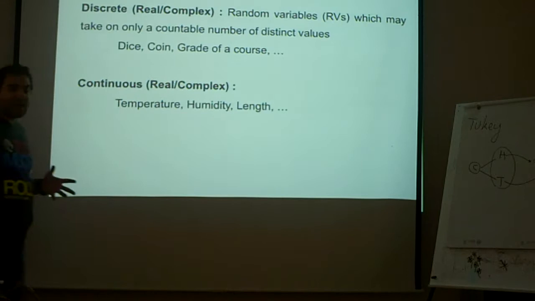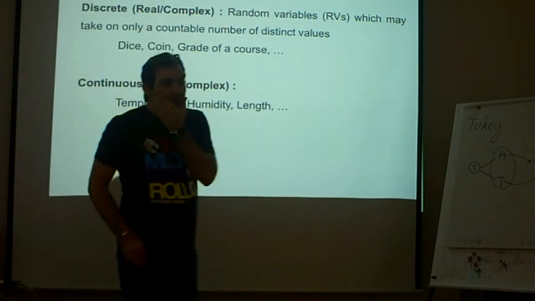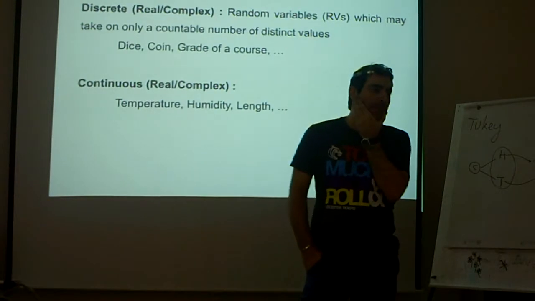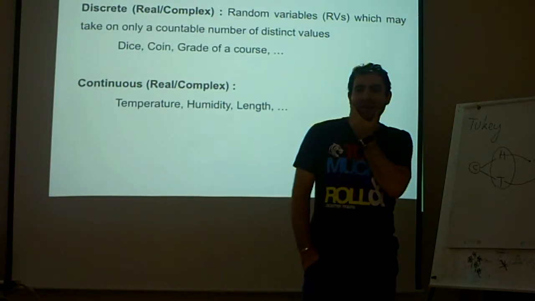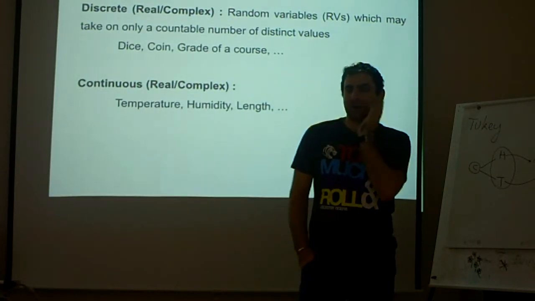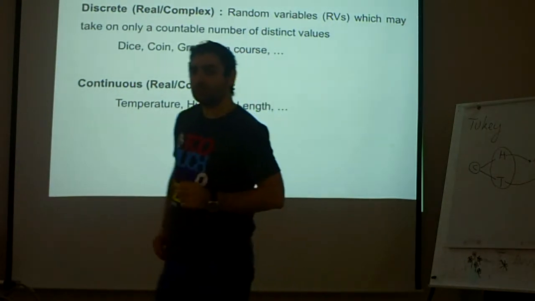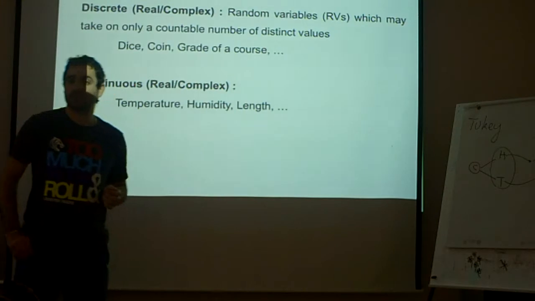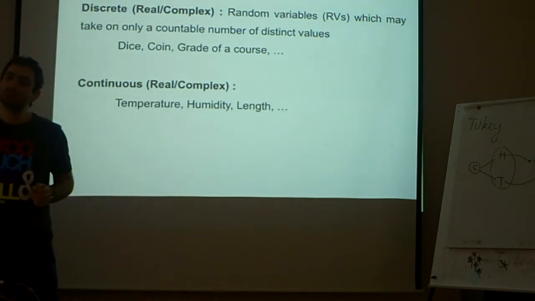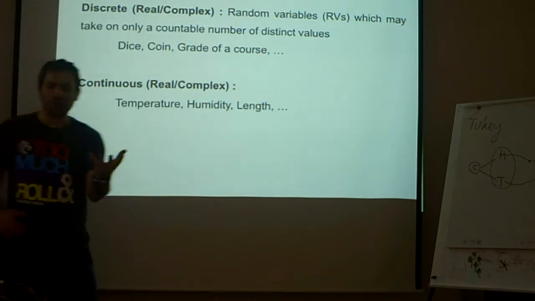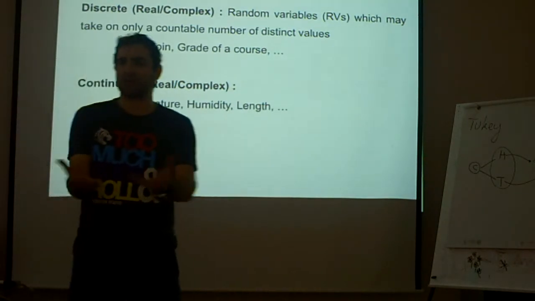How do we understand that something is discrete or continuous? What is the main difference between a discrete random variable and a continuous random variable? I think discrete variables can change instantaneously. I mean, how do you understand something is discrete and something is continuous?